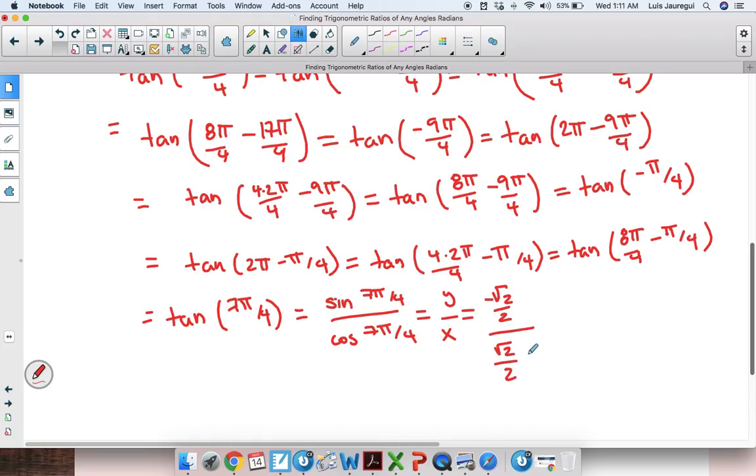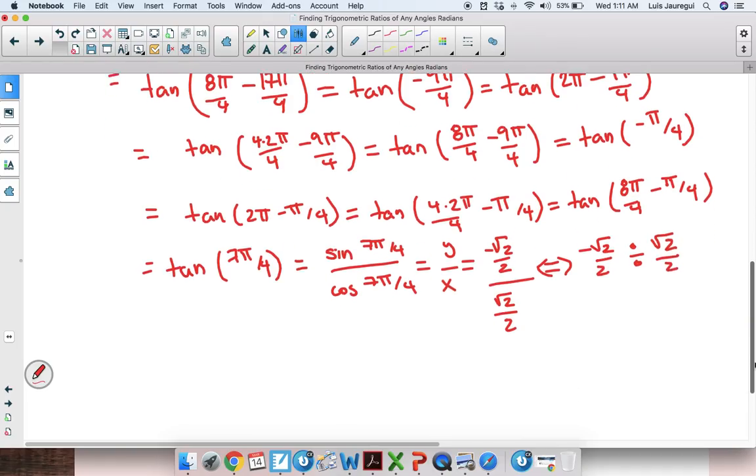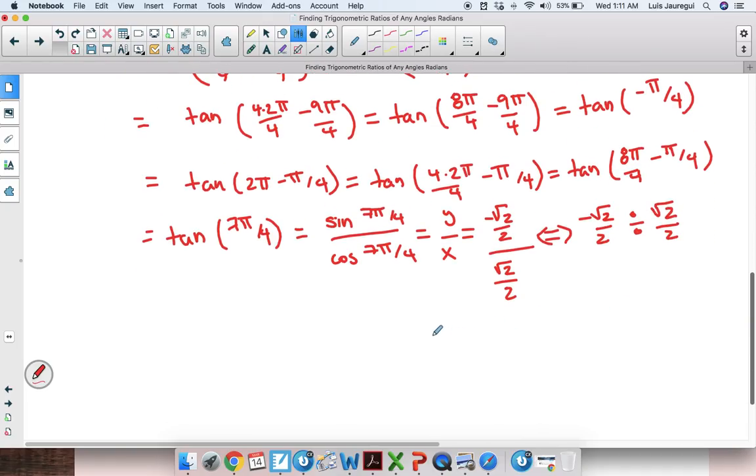Now, you can convince yourself of an equivalent statement here. We can rewrite this as negative square root of 2 over 2 divided by square root of 2 over 2. Now, you can actually rewrite this as a product. So this is just the square root of 2 over 2, of course the opposite of that, times the reciprocal of this second one.